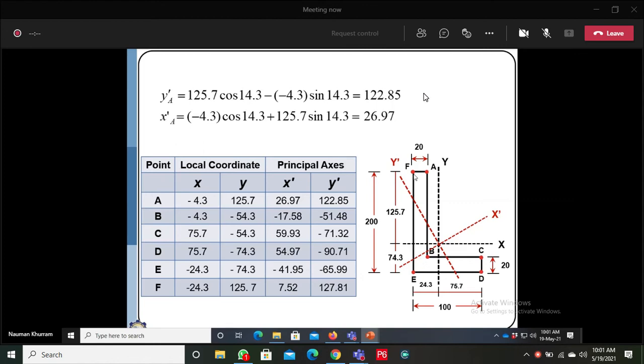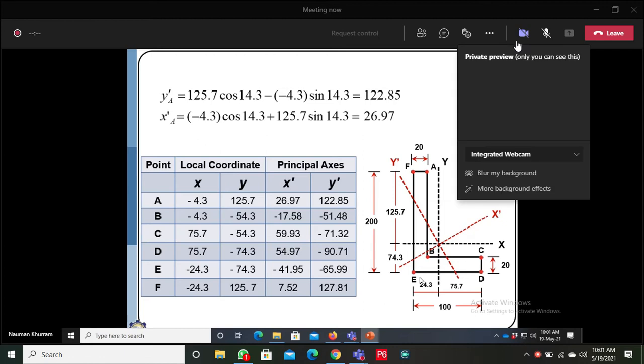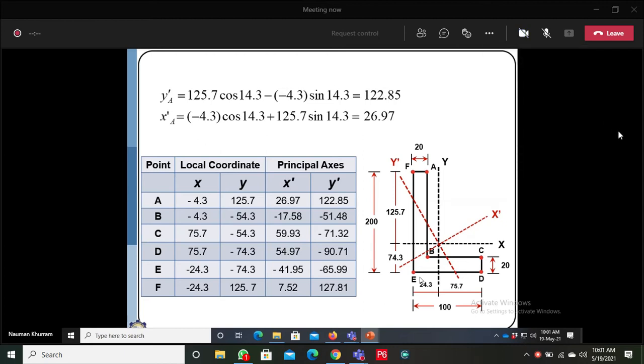Similarly, points F and E will have x coordinate minus 24.3, because they are in the second and third quadrants. Points C and D will have positive x coordinates, and their value will be 75.7.